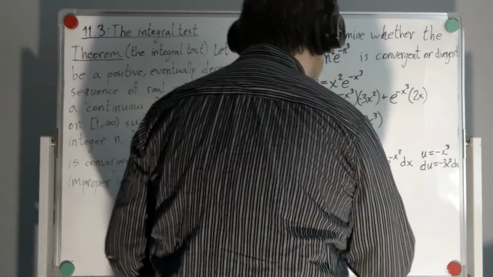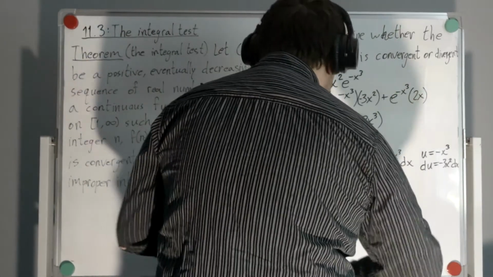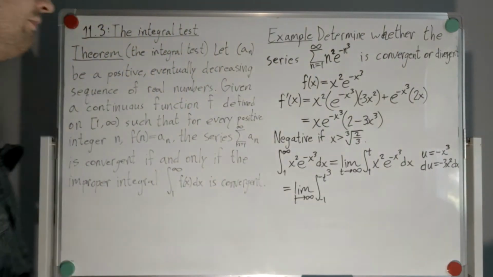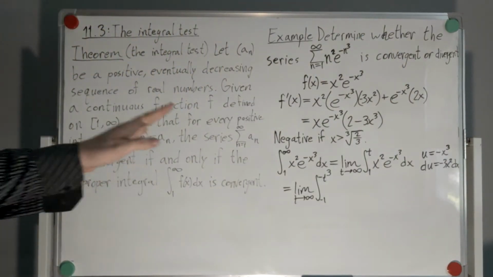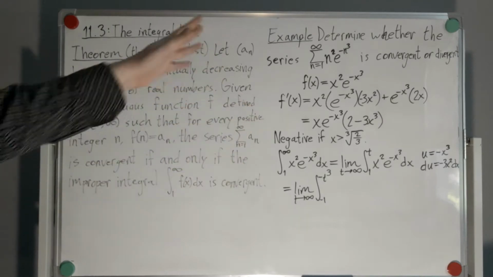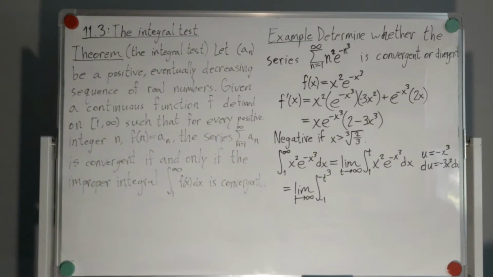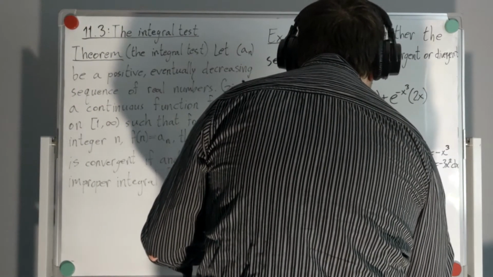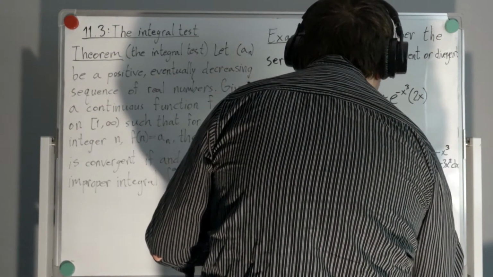I can probably do better than that as far as my handwriting goes. That's better. Now our integrand becomes negative 1/3 e to the u du.